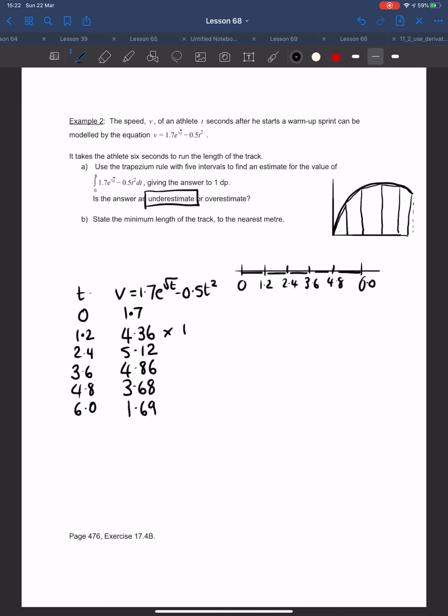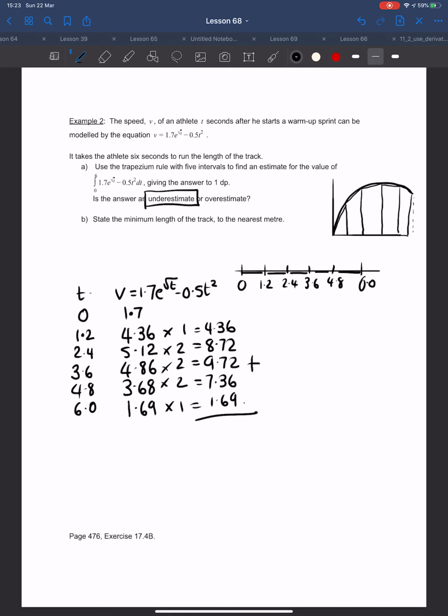Okay, so again multiply the first and the last one by 1 and all the others by 2. 4.36 times 2, 8.72. 4.86 times 2, 9.72. 3.68 times 2, 7.36, and the last one is 1.69.